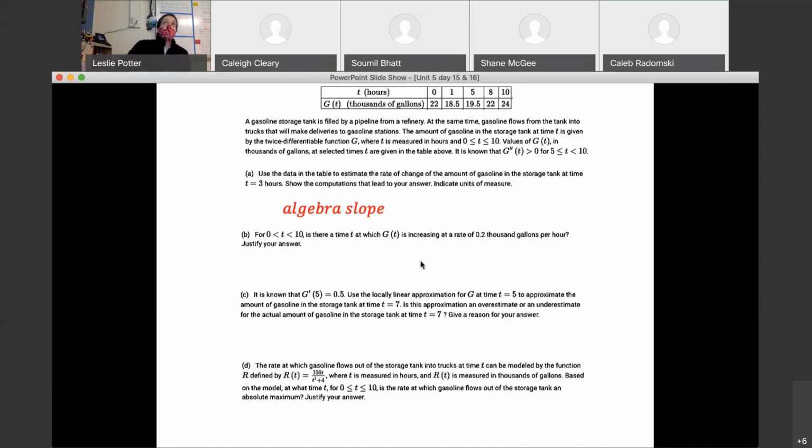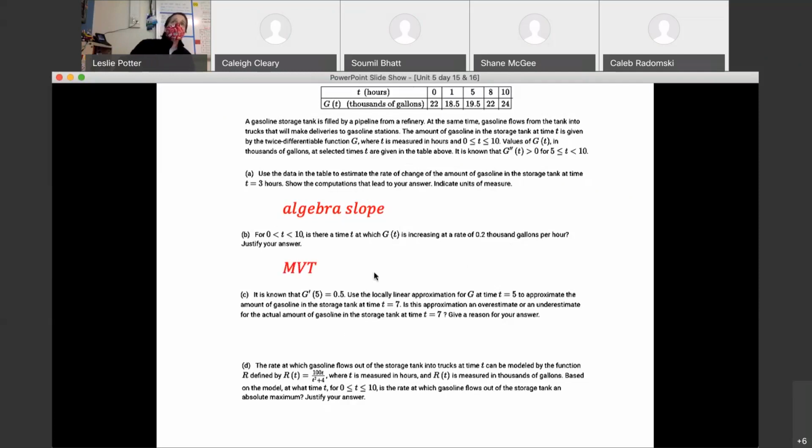And so this one, because it's asking you to justify a rate, is the mean value theorem. Mean means average. We're coming off of that algebra slope, which is the average rate of change.